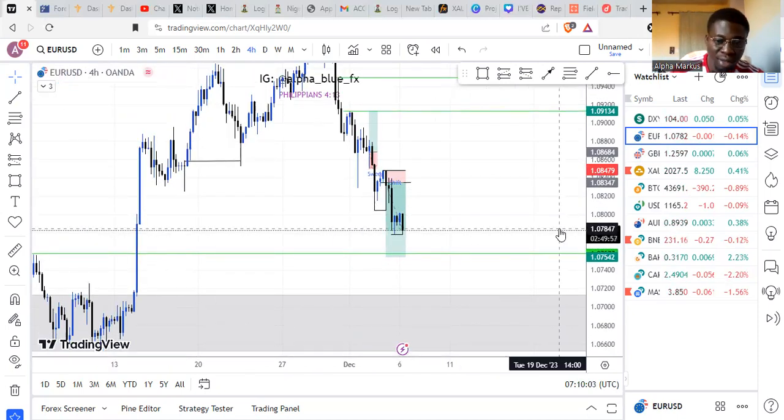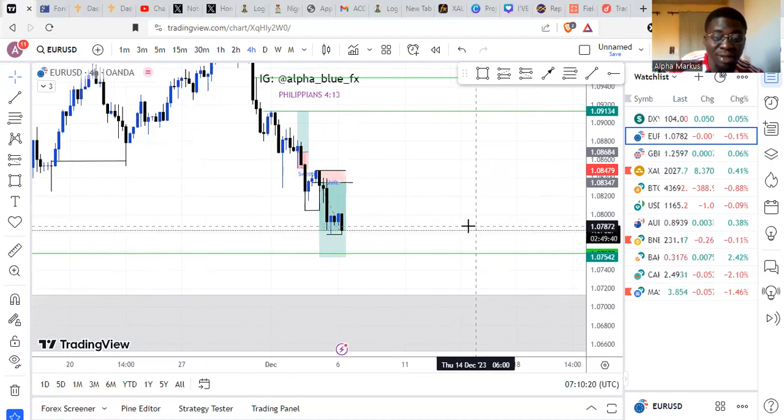It's not just about the strategy, it's more of the psychology, it's more of you being able to control your emotions. Because if the best trader in the world gives you the best strategy, you will still not be able to be successful if you've not been able to master your emotions and master yourself.